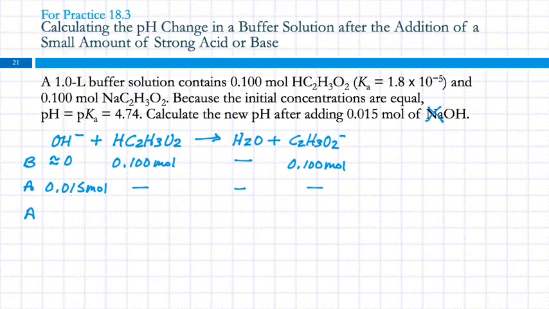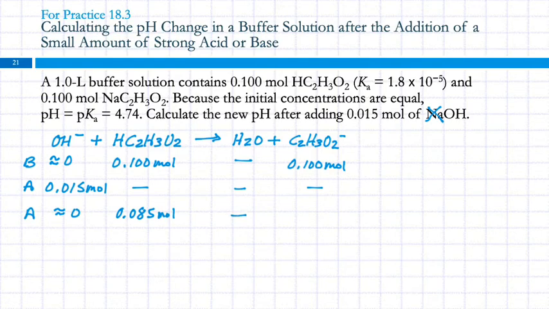If it helps, think of it as a limiting reactant problem. This is the limiting reactant. This is going to get all used up, and so this is 0 again. It's going to use up 0.015 moles of that. So we're going to subtract. So this is going to be 0.085 moles of that that's left.